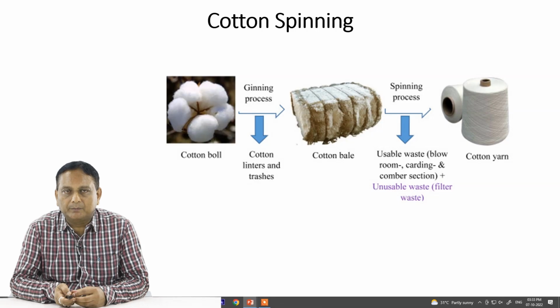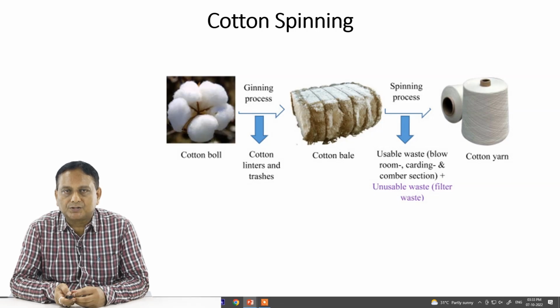So as I have already mentioned, the cotton boll has to be processed. There are different processes mentioned here.